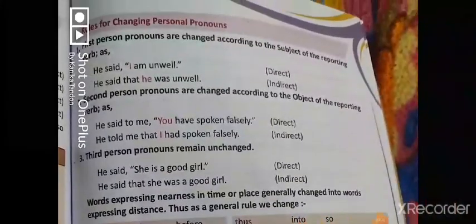Now let's talk about rules for changing personal pronouns. Now let us see how the personal pronouns are changed while changing the sentence from direct into indirect. So the first rule is, first person pronouns are changed according to the subject of the reporting verb. Alright. For example, he said, I am unwell.